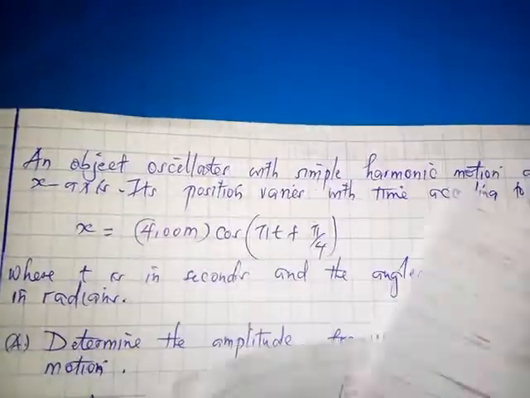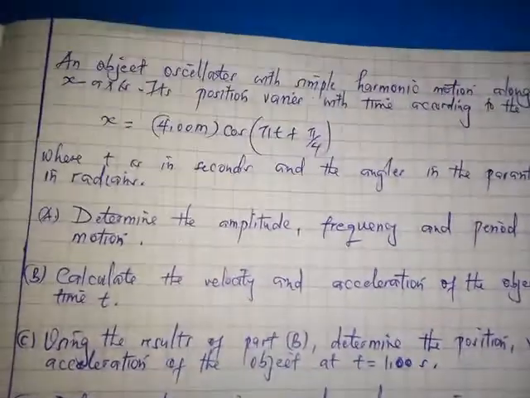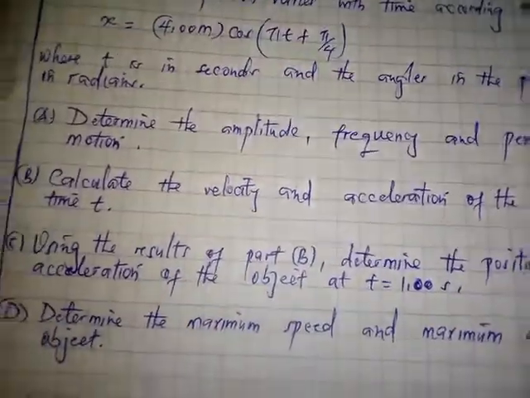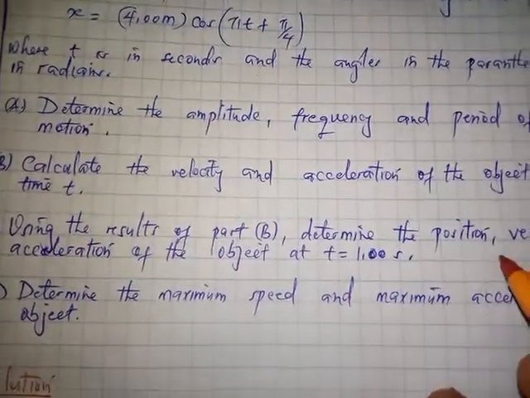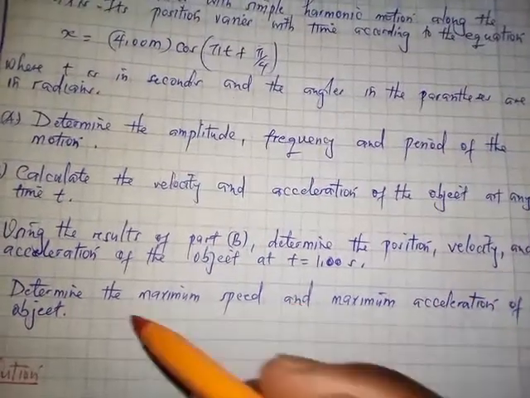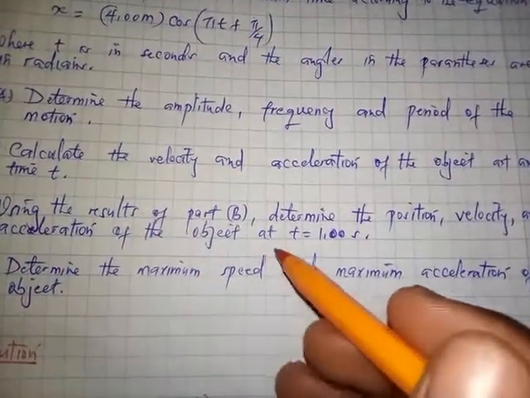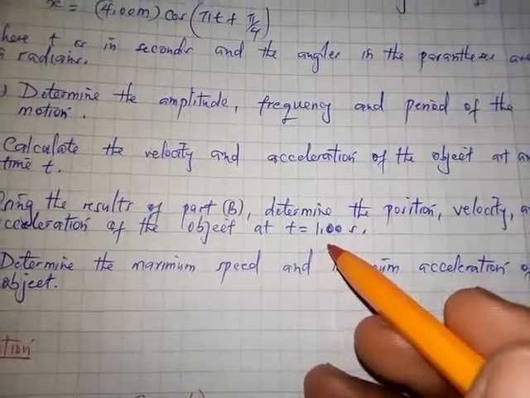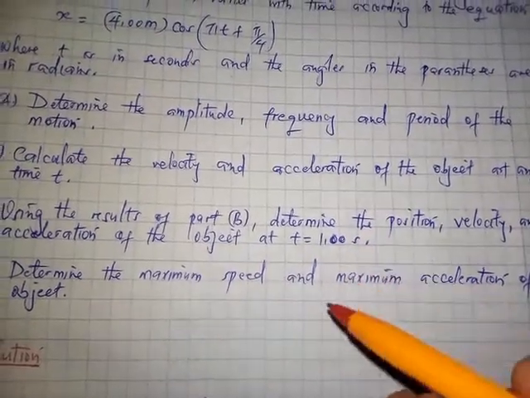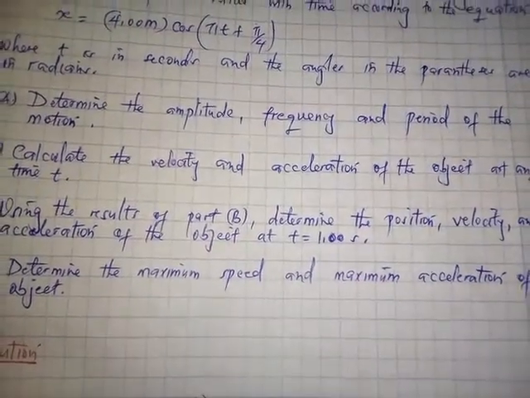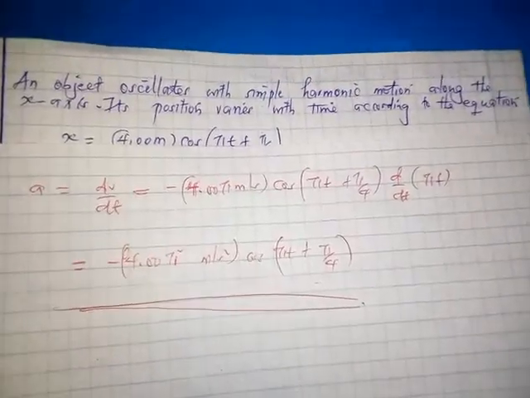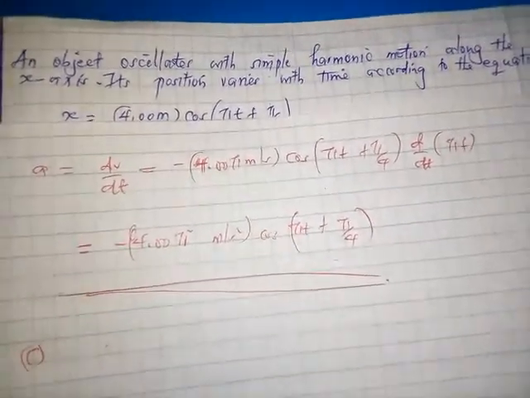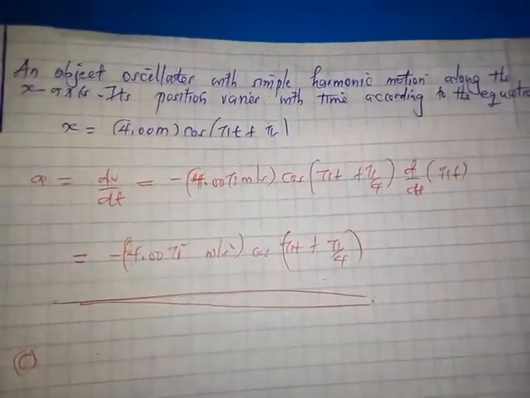Part C: using the results of part B, determine the position, velocity and acceleration of the object at t equals 1.00 seconds. So for part C, we just substitute in the values of t.